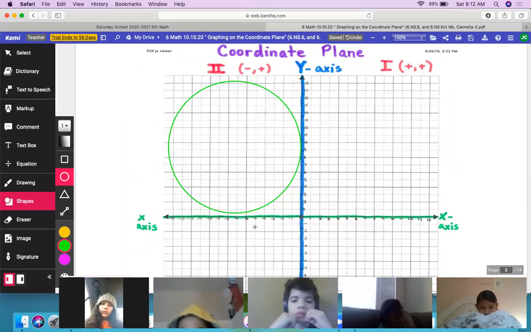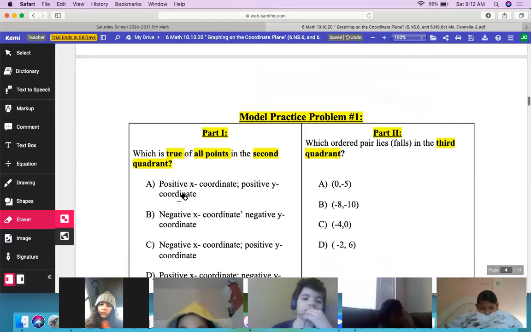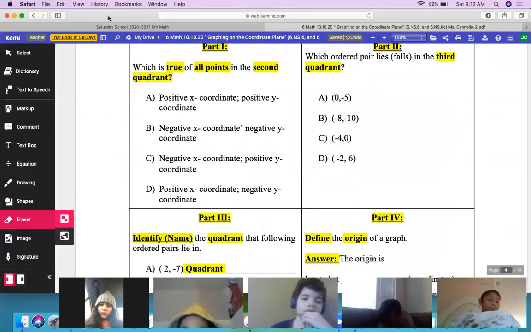The first number is negative and the second is positive. When you say the first number, you're talking about the X or the Y number? The X number, right? Yes, so the X is negative, the Y is positive, okay? Now that she answered that problem, she's going to tell us which answer says X is positive, Y is negative.